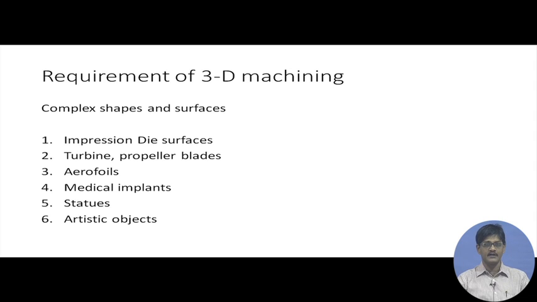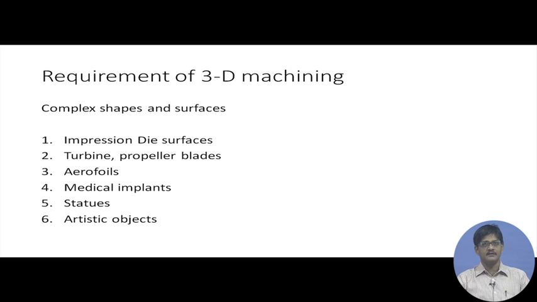When 2 dies are coming together and pressing some material to a definite shape, we have impression dies, and in order to manufacture these impression dies, we might have to go for 3-dimensional machining. It is not the only way of getting these dies, but it is definitely one of the ways.